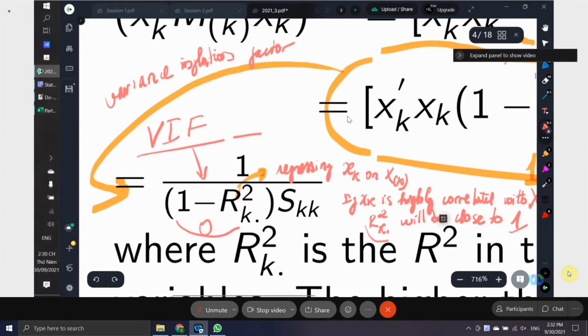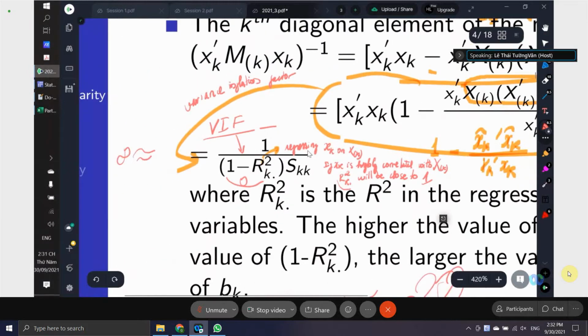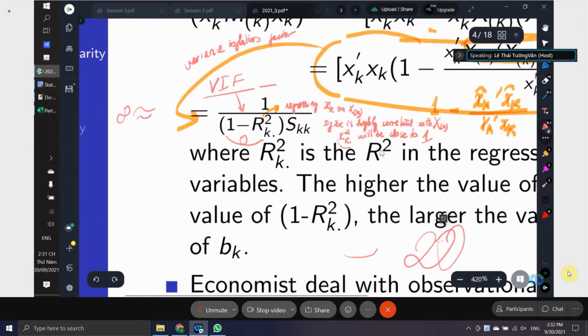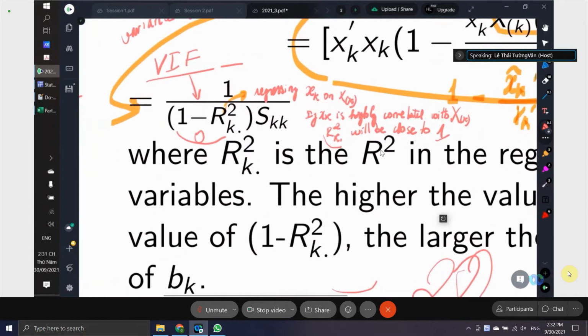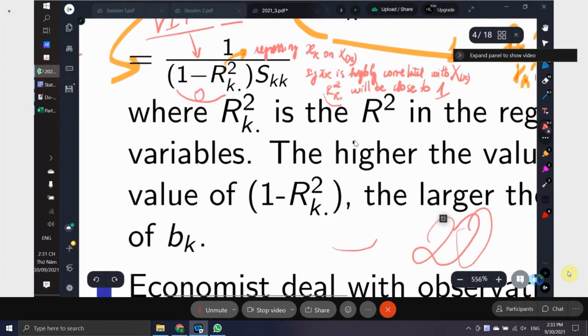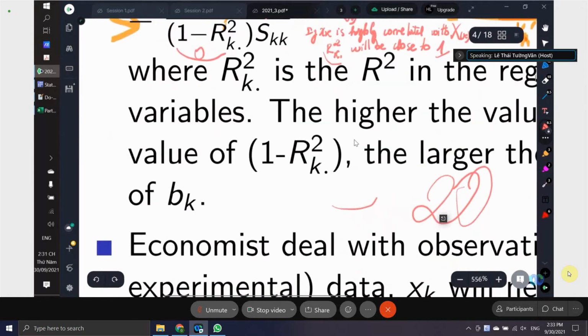Variance inflation factor. So if a variable is highly correlated with other variables, then the VIF is very high. If the variable is not that strongly correlated with other variables, the VIF is low.